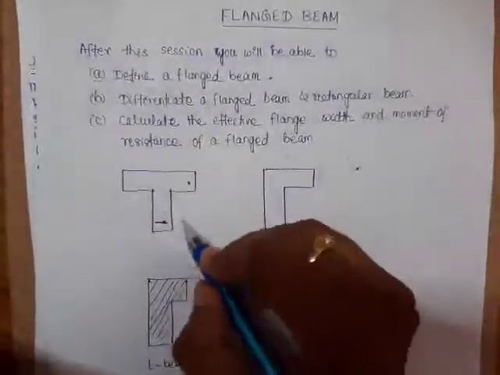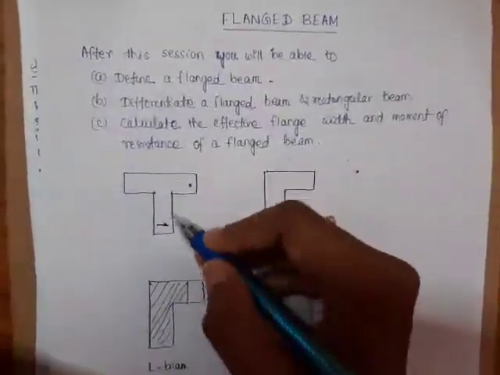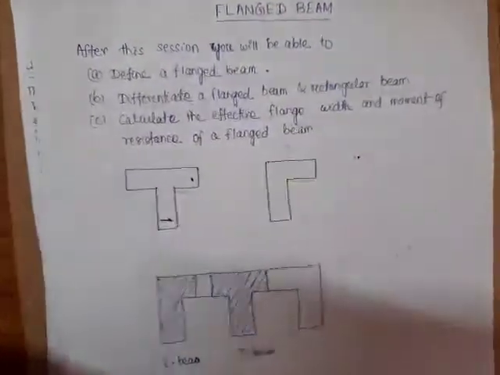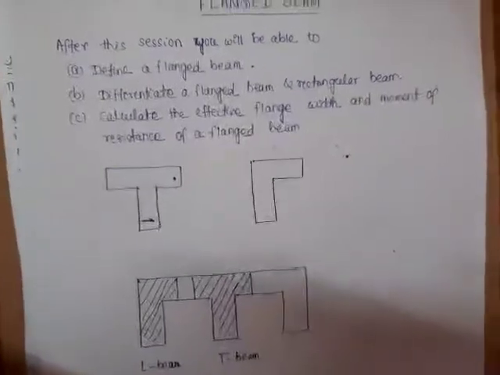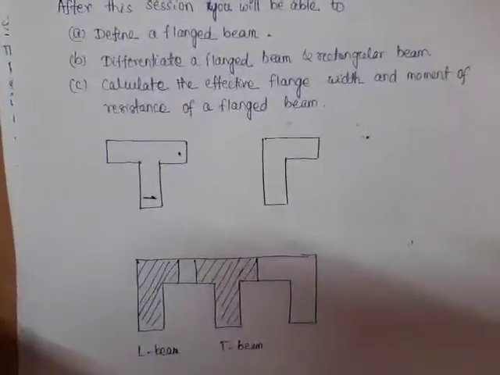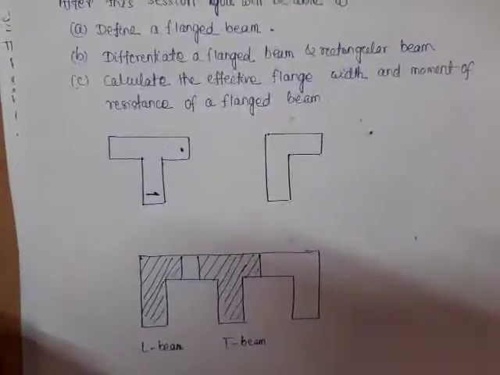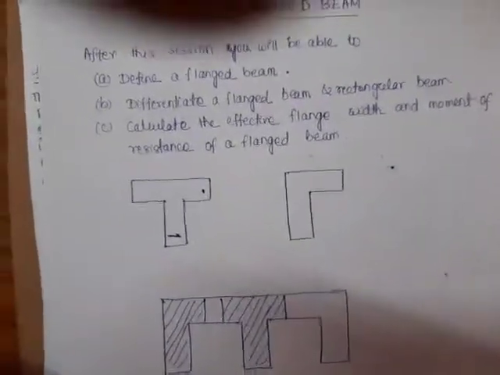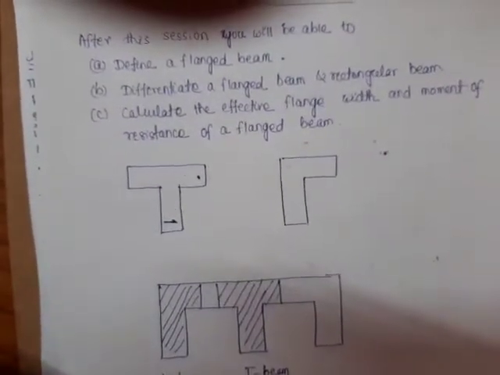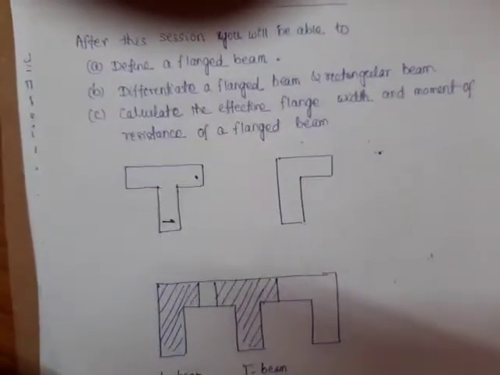So this combined effect of slab and beam units is called a flanged beam, and these may be of two types. One is T beam and the second is L beam, depending upon whether the slab portion is available on both sides or on one side of the beam.